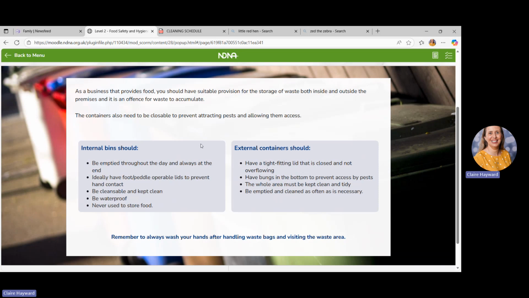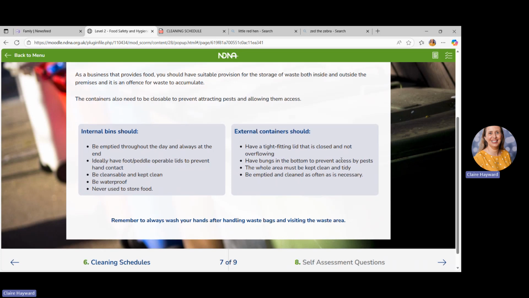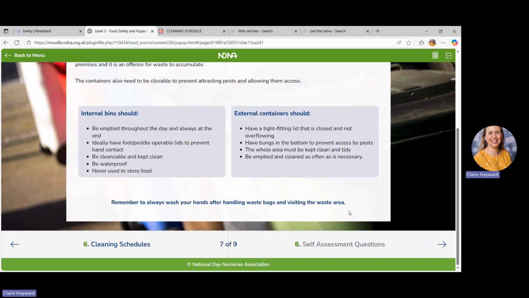Ideally have a foot pedal, be cleansable and kept clean, be waterproof and never used to store food. The external ones have a tight fitting lid that is closed and not overflowing, and have bungs in the bottom to prevent access by pests. The whole area must be kept clean and tidy and be emptied and cleaned as often as necessary. And remember to always wash your hands after handling the bin areas.